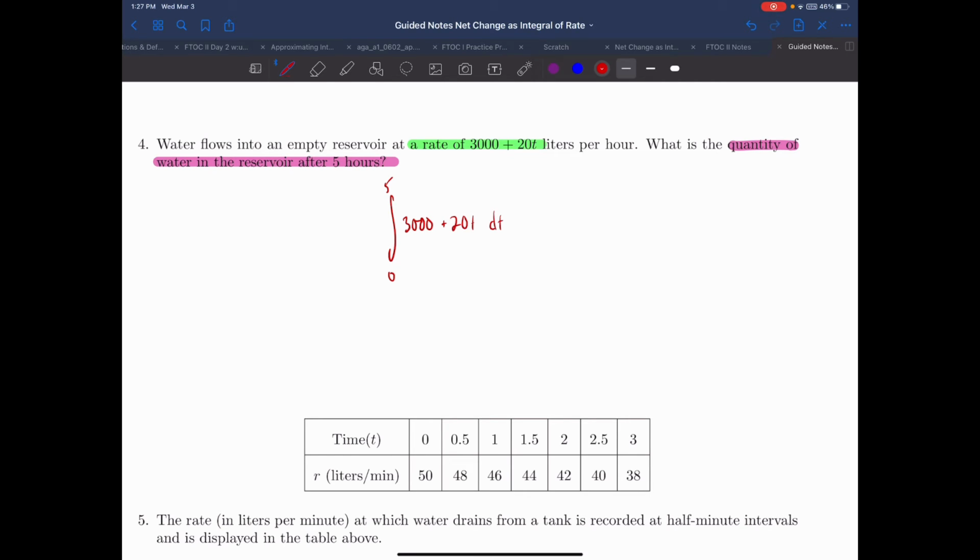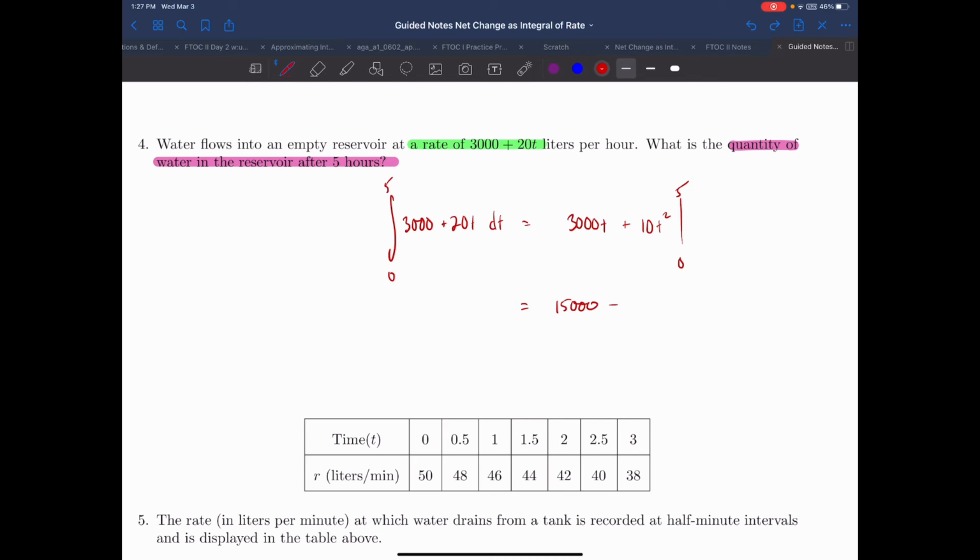And we calculate that. This would be 3,000t plus 10t squared evaluated from 0 to 5, which would give us 15,000 minus 0. Oh, I'm sorry.